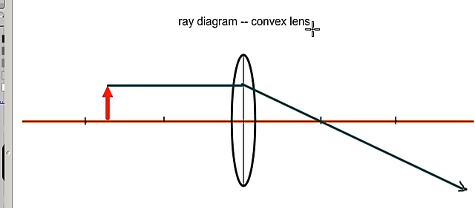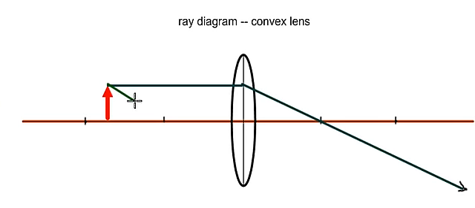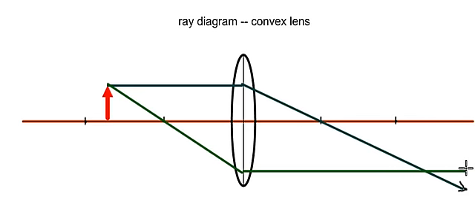It goes from the object through the front focus towards the lens. Once it hits the lens, it goes out parallel to the principal axis. So again, being converged, bent towards the normal, out parallel, and we'll put an arrow on the end of that one. So we have our two lines.